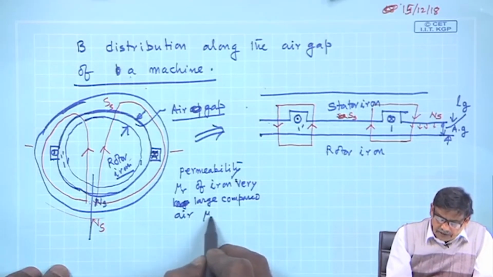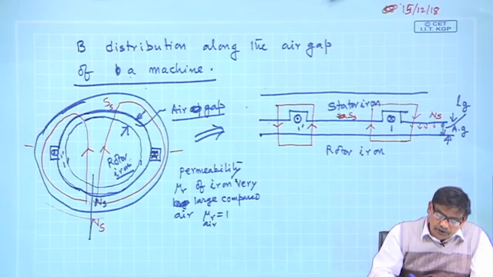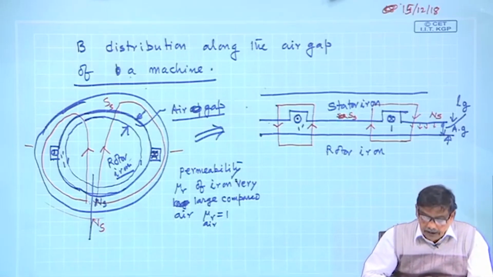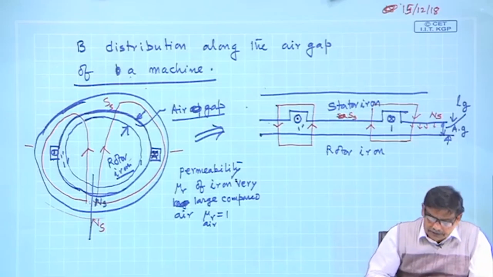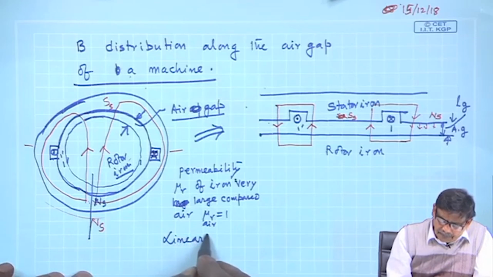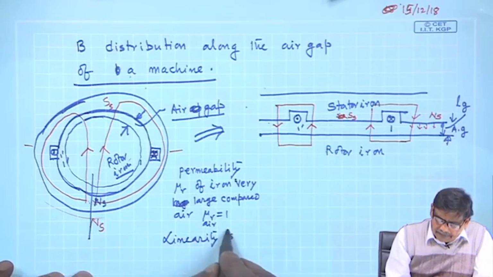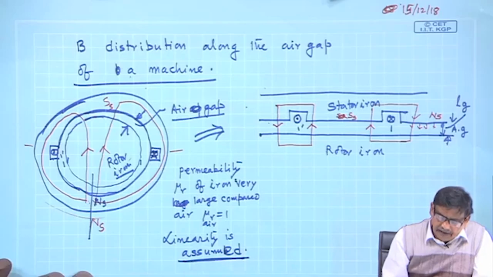For air, mu r is approximately 1. So mu r of iron is very high, and I will neglect saturation, and linearity is assumed. These are the two assumptions I make.